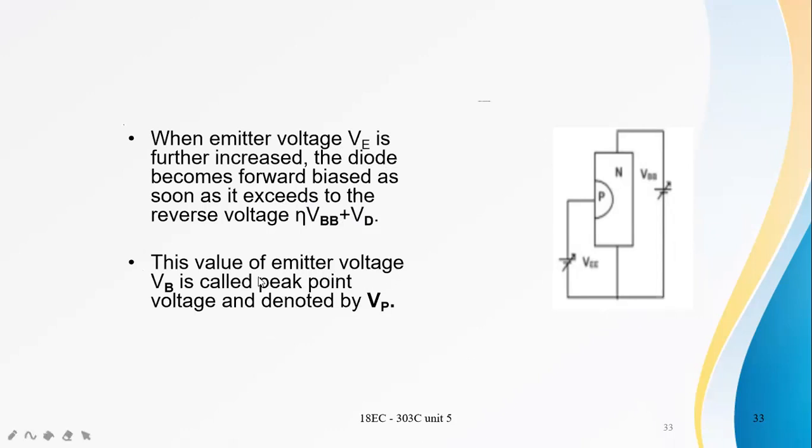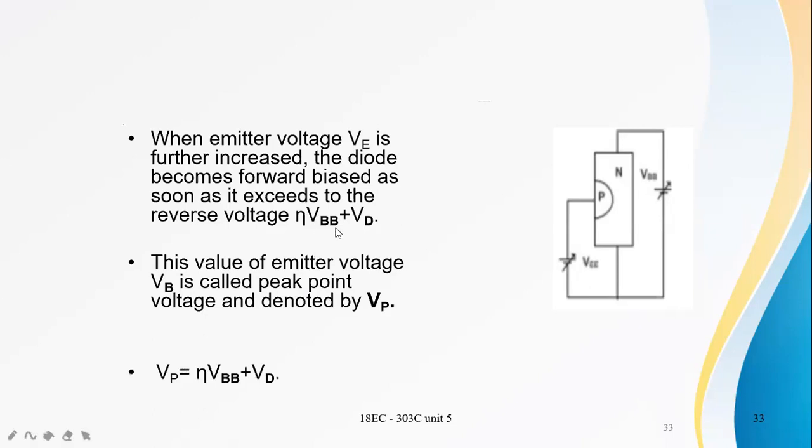This value of emitter voltage VA is called the peak point voltage, denoted by VP.